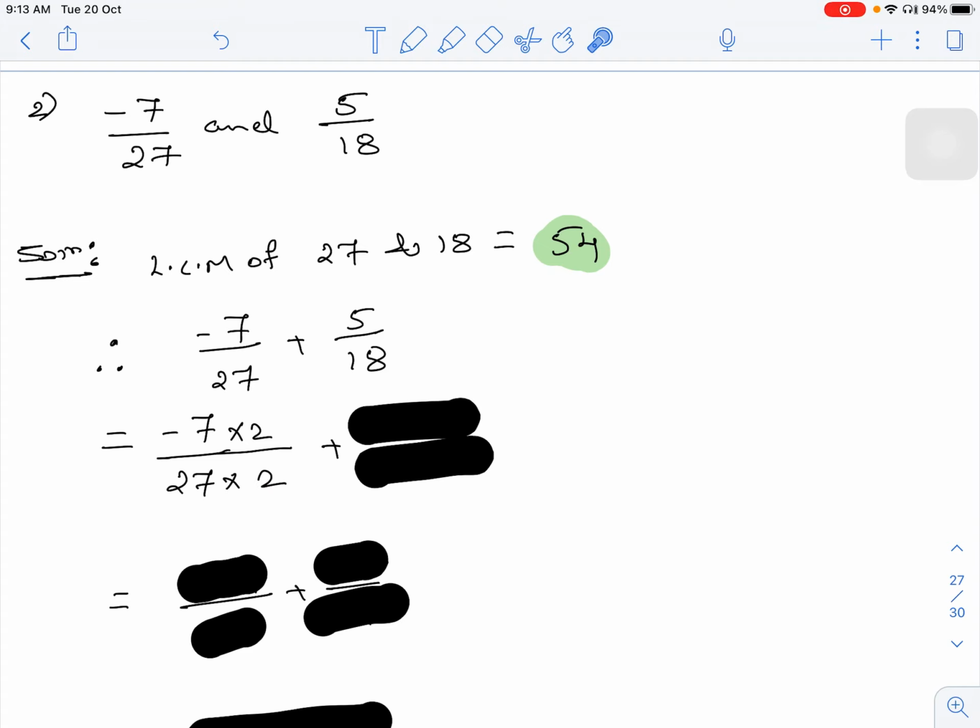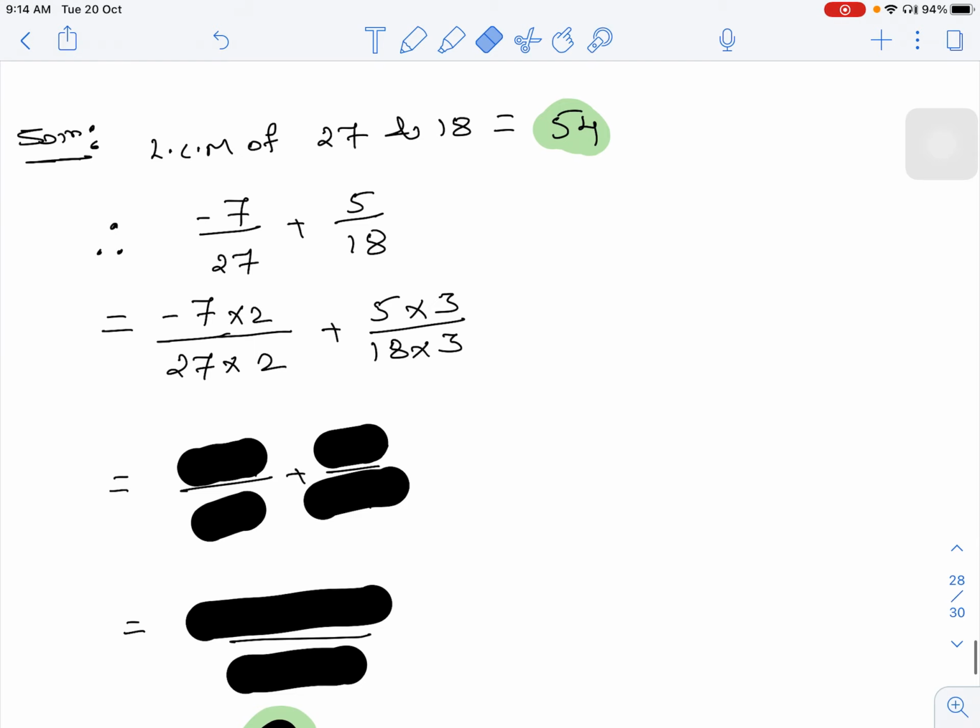Now here we have denominator 18, and we want to make it 54. So we will multiply the denominator by 3, as we have done over here. The same number we will multiply with the numerator, so you will get 5 into 3.